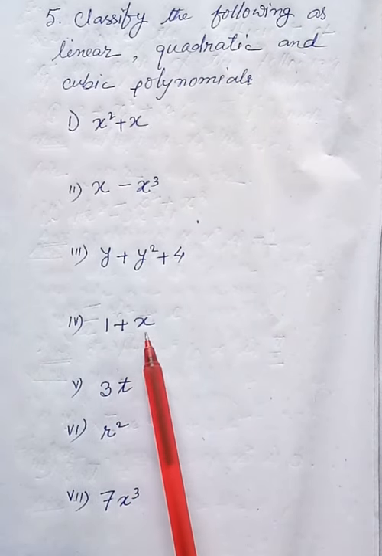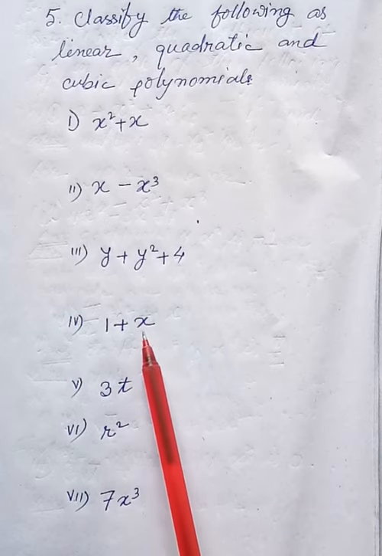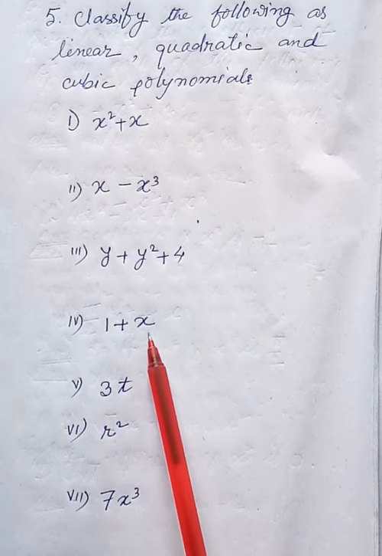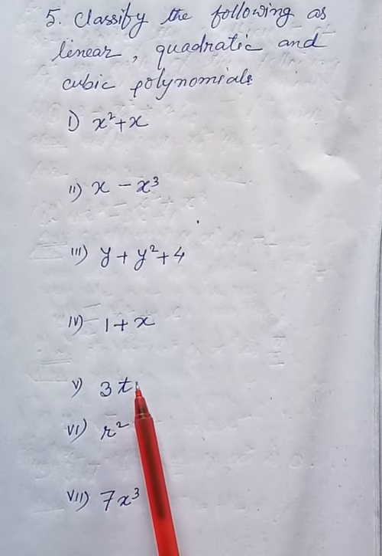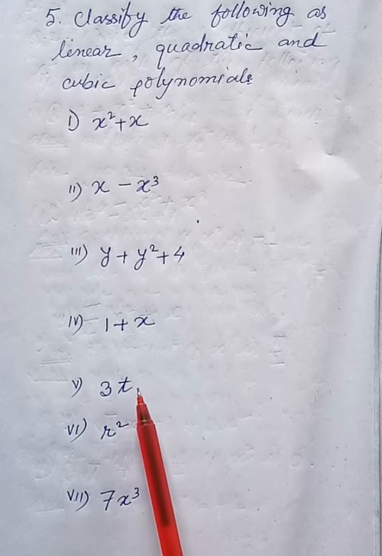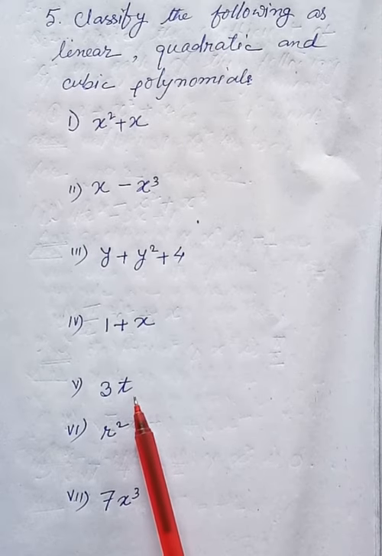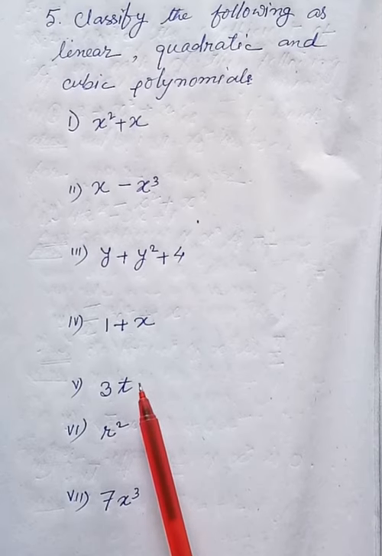And here you see next, x minus x cube. The highest power of the variable is 3, so it will be a cubic polynomial. And in this polynomial, the highest power of the variable is 2; y square, the highest power is 2. So it will be a quadratic polynomial. And here you observe that the highest power of the variable is 1, so it will be considered a linear polynomial. And for this, look: 3t to the power 1. What type of polynomial is it? It is a linear polynomial because its degree is 1.